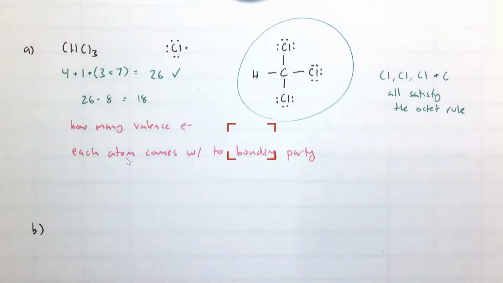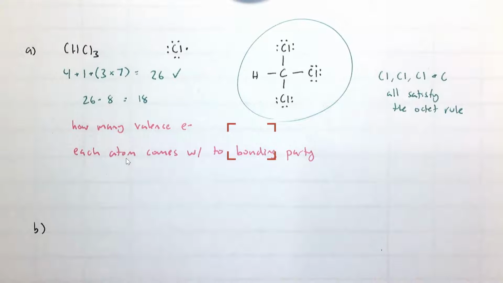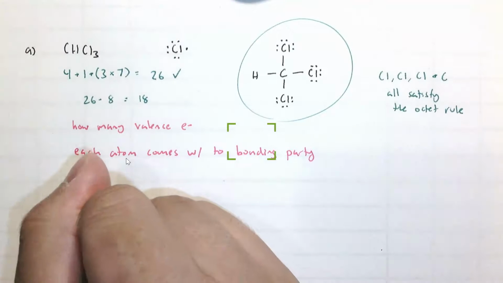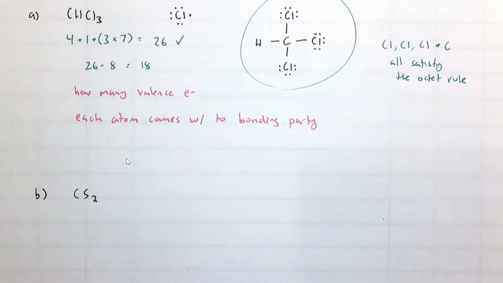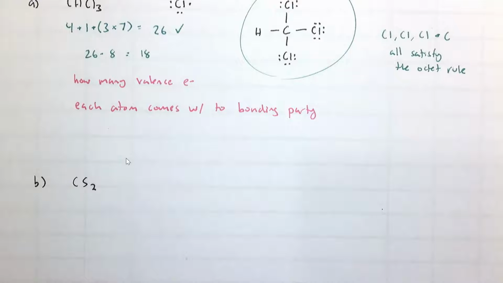In the meantime, for B, it's CS2. Okay, for CS2, it's not unambiguous what the central atom is. So let me put another tip here.